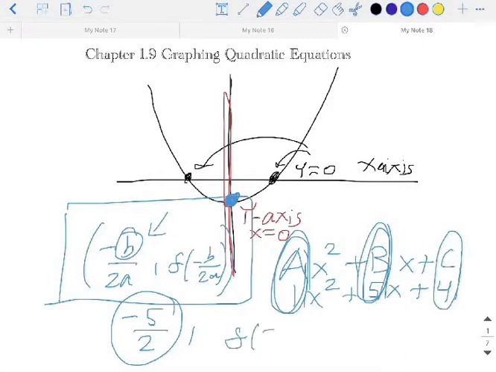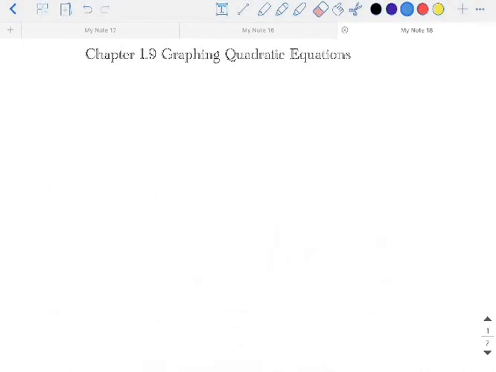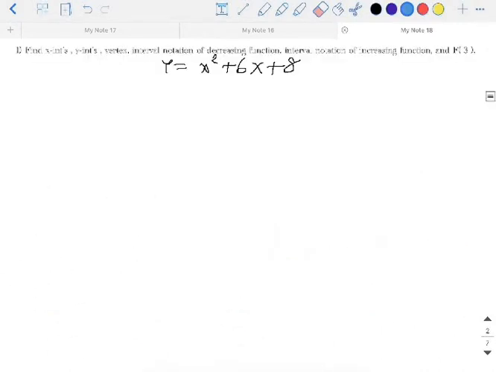So the function of negative 5 halves is equal to, and then you'll plug that in for the x values. We'll be covering questions that use this information. So onwards to question number 1.